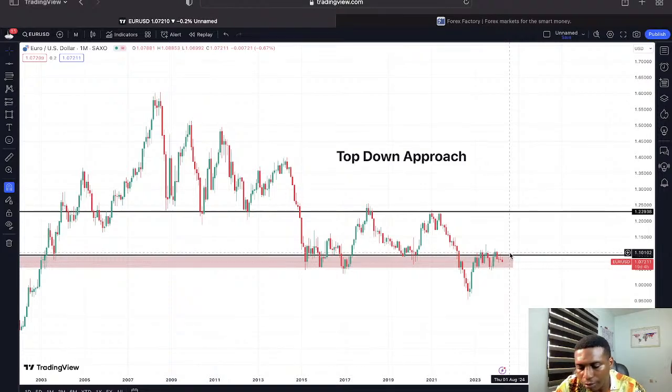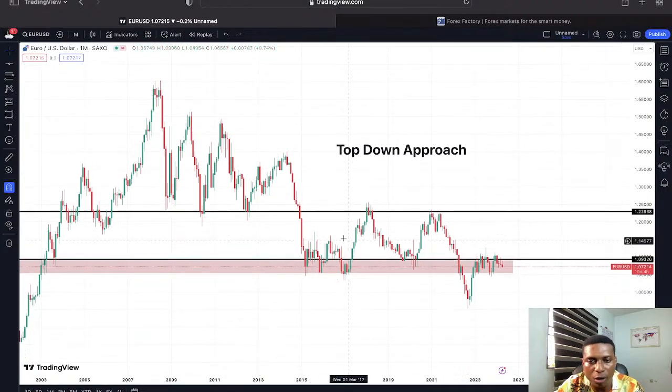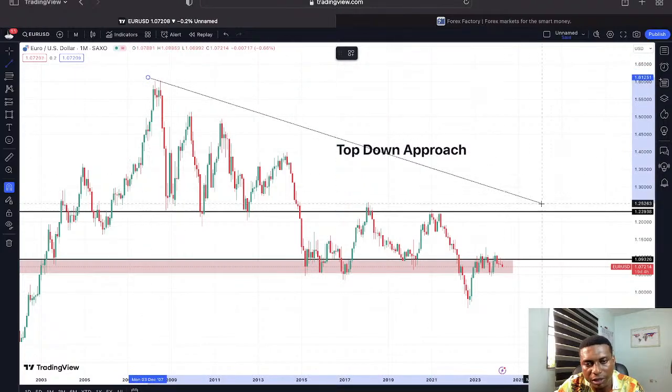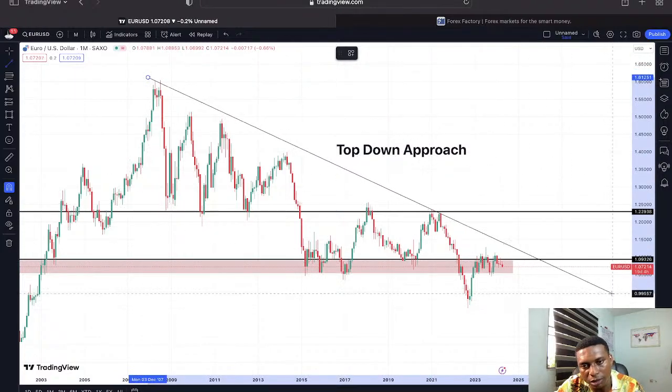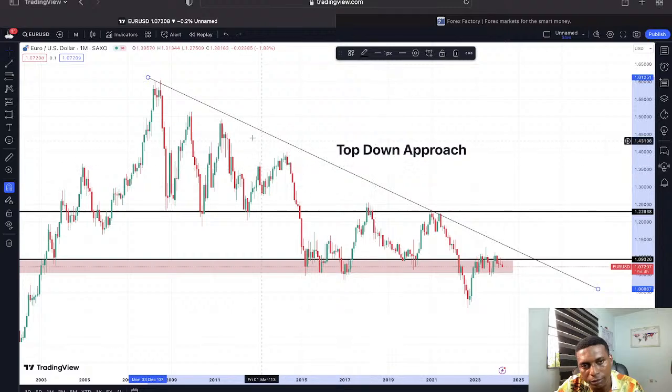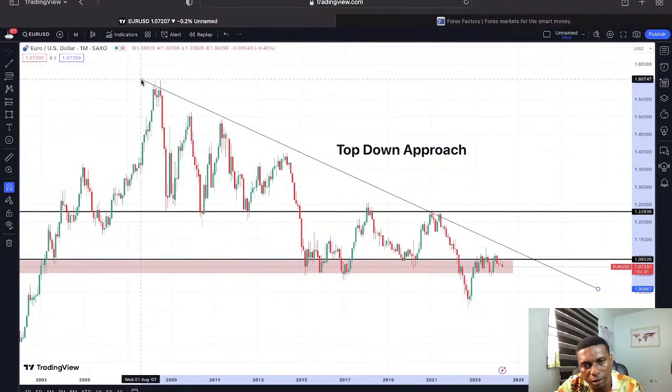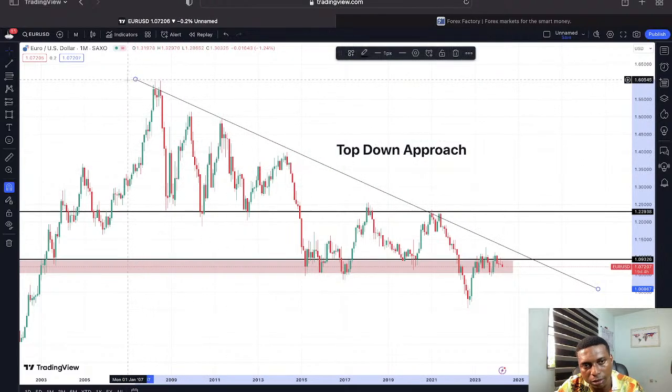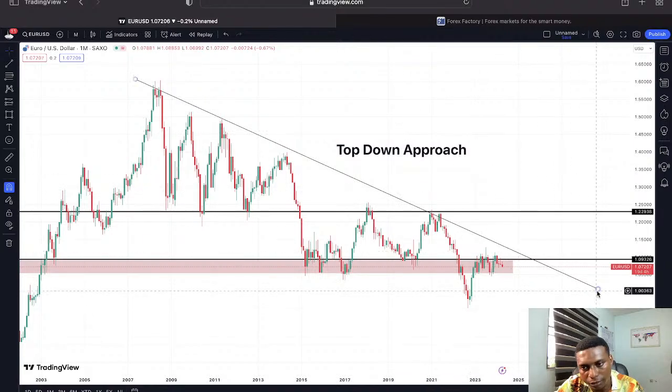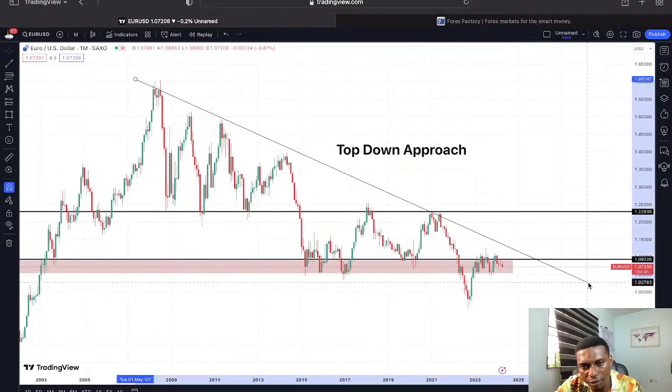Okay, all right. Now when we look at it, we can see that the overall market trend on the monthly time frame is downtrend.